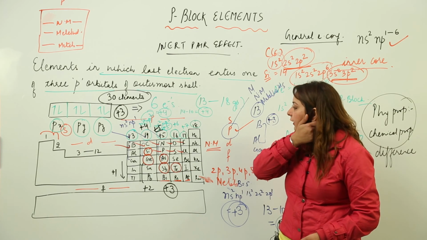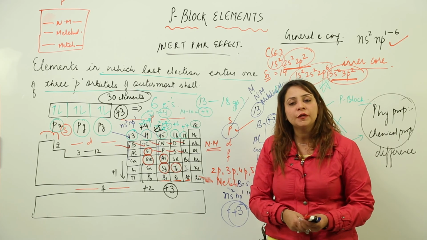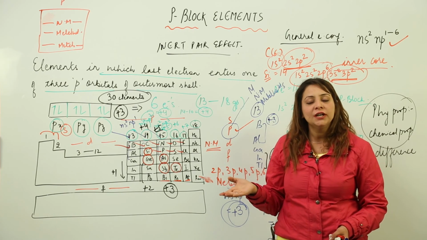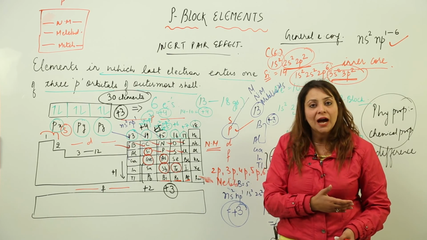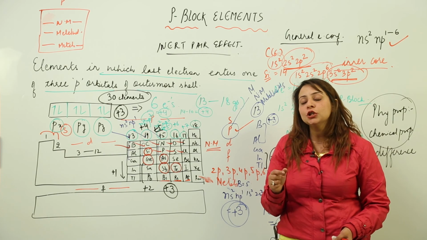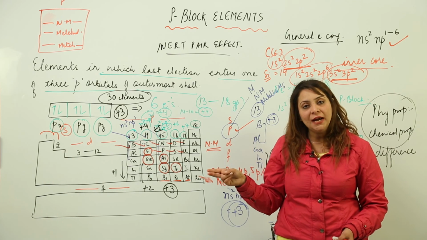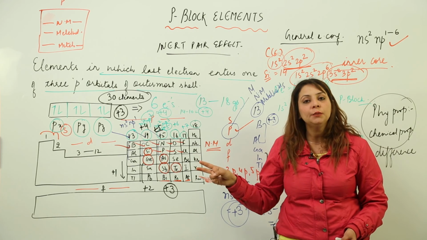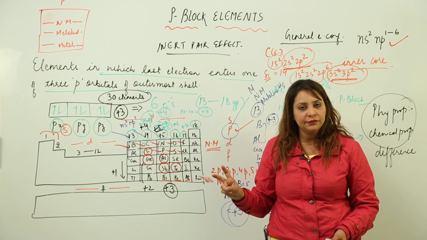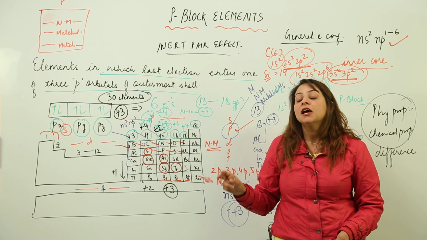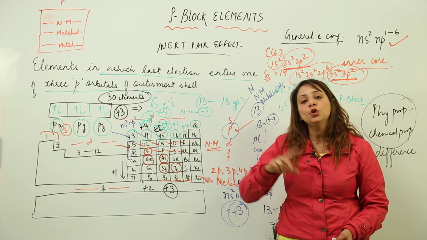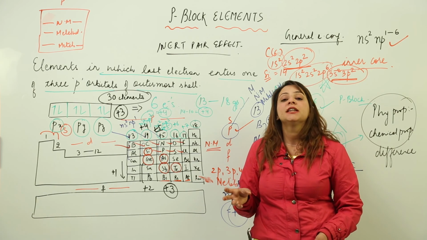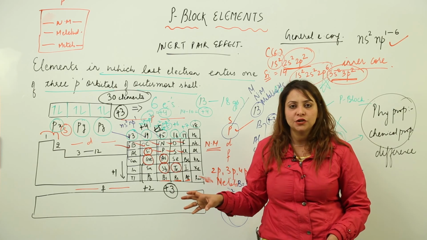And moreover, you are familiar with the difference between metals and non-metals. You know that metals have low ionization energy, and in comparison non-metals have high ionization energy. You also know that when metals and non-metals combine, they combine by an ionic bond, because there is a large electronegativity difference, right? But when two non-metals combine, due to the small electronegativity difference between them, the bond is typically covalent in nature, right?